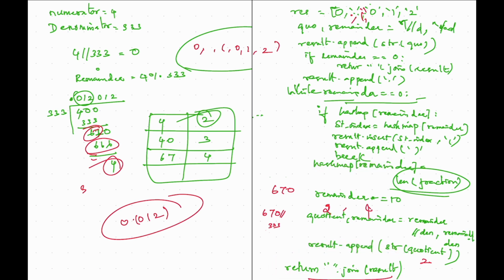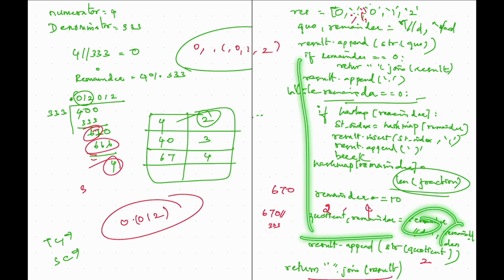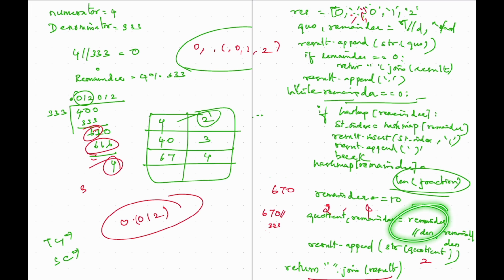Let's take a look at the time complexity and space complexity. Okay, so if you see, at each step we are doing a division and mod operation with the denominator. Every time we will be getting unique remainders. If the same one repeats again, we will break the loop, right?